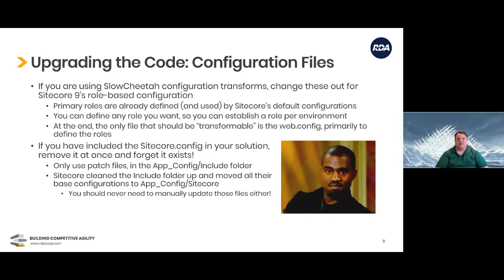So you should never have to modify those files manually at all. Again, think about future upgrades. You don't modify them, you don't have to go looking for them. You don't have to worry about Sitecore changing something. Then you just have to worry about your little patch file and not a gigantic file they may have done.